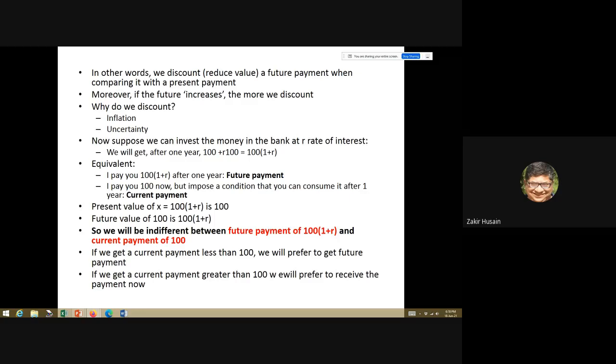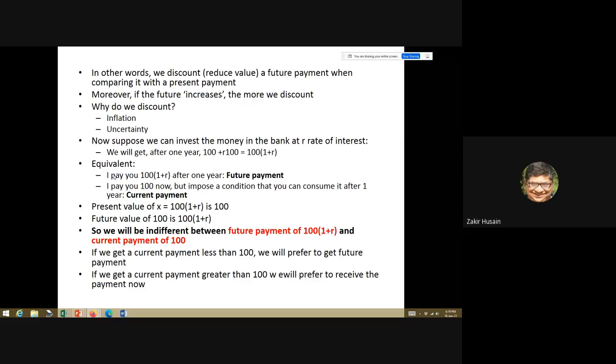Suppose the price level is stable and we know that I'm going to pay you the money and you will also be there to receive the money. In that case, again, it is because the money can be invested that we prefer the current payment. So suppose the bank rate is R. After 1 year, we will get 100 plus R into 100, or 100 into 1 plus R, right?